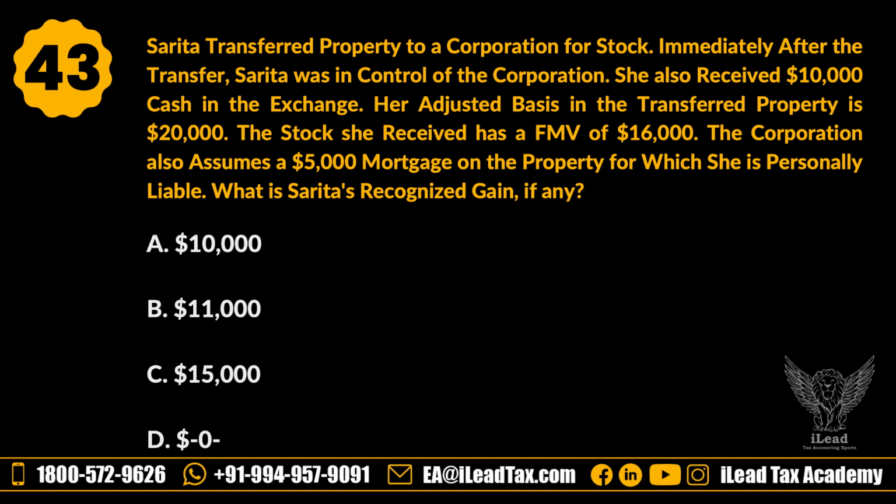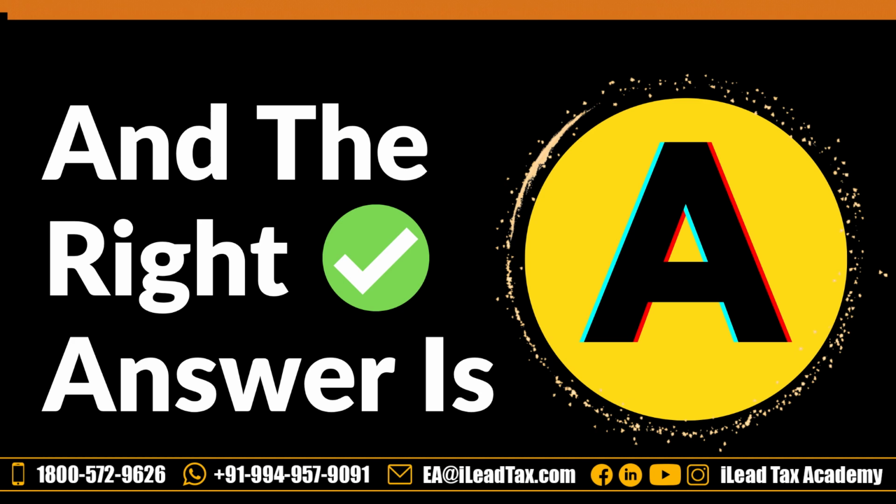Option A 10,000, option B 11,000, option C 15,000, option D 0. See the answer. The answer is A, 10,000.